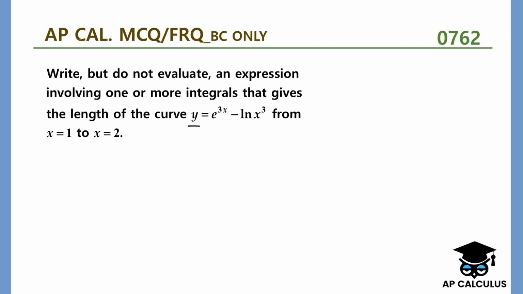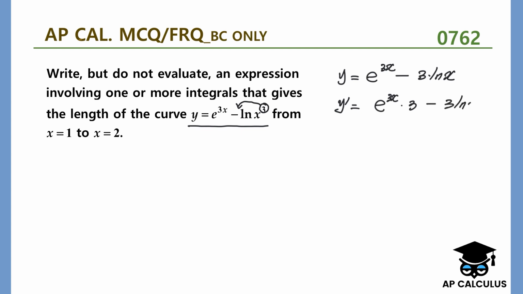If we rewrite this function, y equals e to the power of 3x minus, using the property of logarithms, 3 times natural log x. So y prime is equal to 3e to the 3x by the chain rule, minus 3 over x. So y prime squared is equal to that whole expression squared.